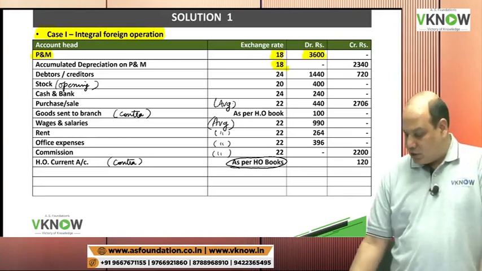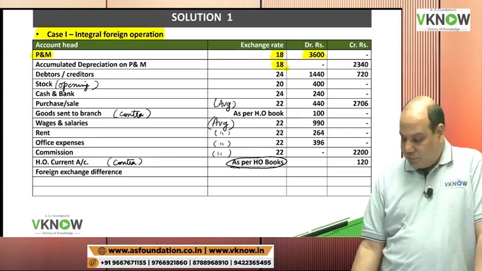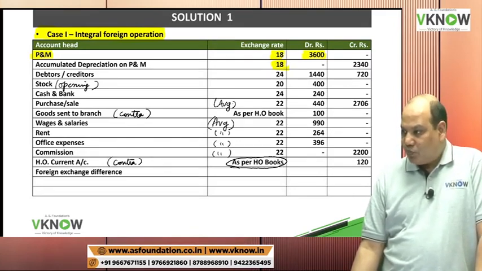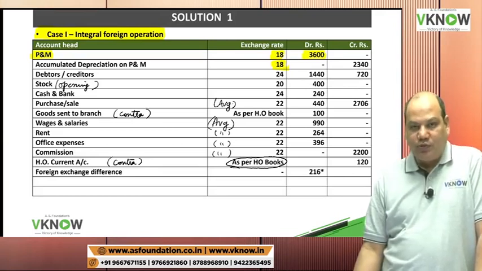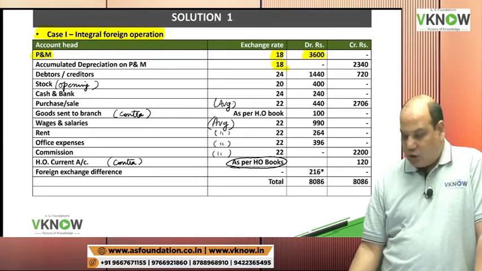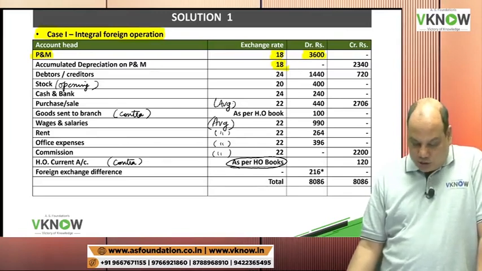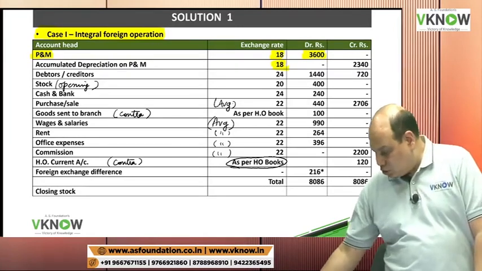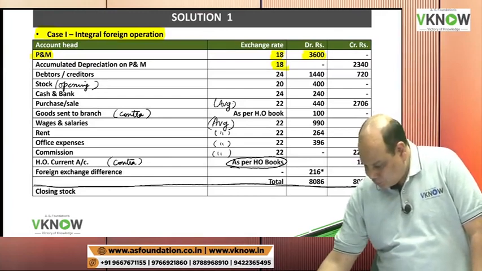How much is the foreign exchange difference? The difference on the debit side is 216. And now if you take the total, the total is 8086. You can draw one line here to close the trial balance.